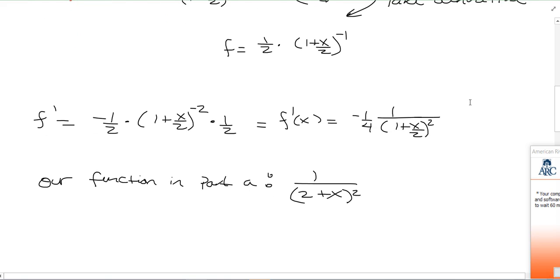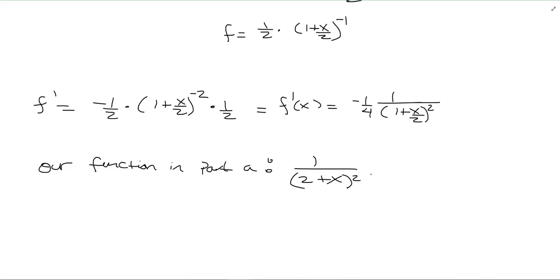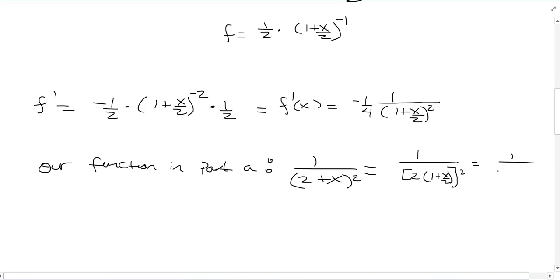How can I see our function from part A in this derivative up here? If you take out the 2 from here, notice that it will be 2 times 1 plus x over 2 and then the whole thing squared, which is 1 over this 2 squared, which is 4, and then 1 plus x over 2 squared.